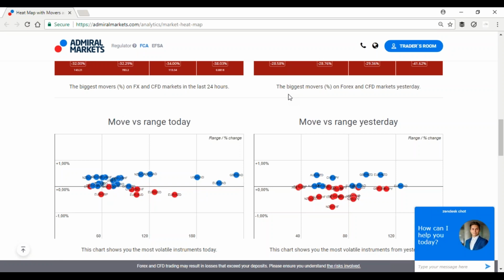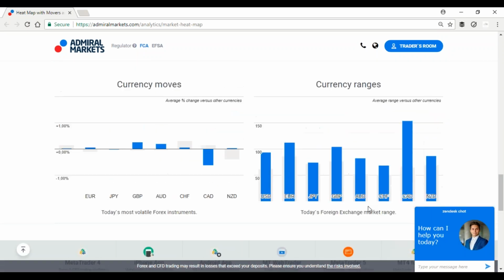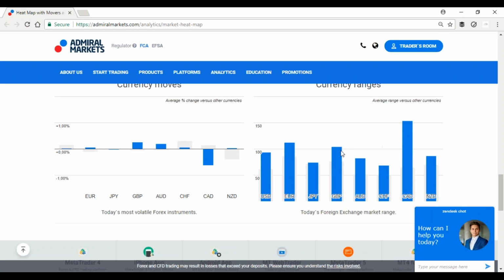This gives you a little bit of an indication that the market is indeed not moving too much, because a lot of pairs are around that zero mark. That could change. I'm just showing you that maybe that's why I don't see that many swing trades. I don't know, maybe it's me. CAD is the bigger mover at the moment. Pound is third, and otherwise nothing new in this table.